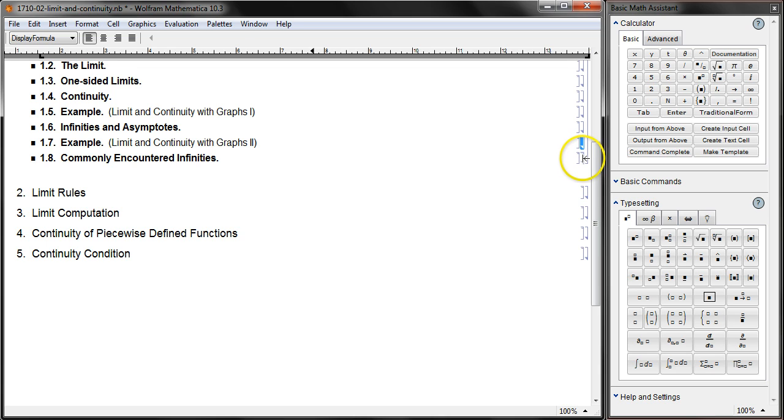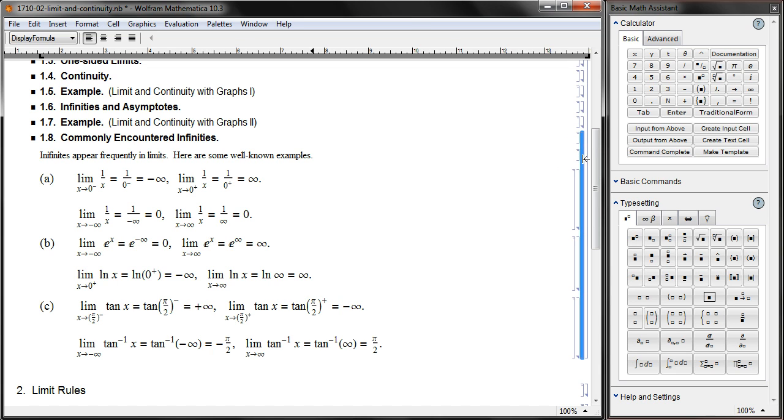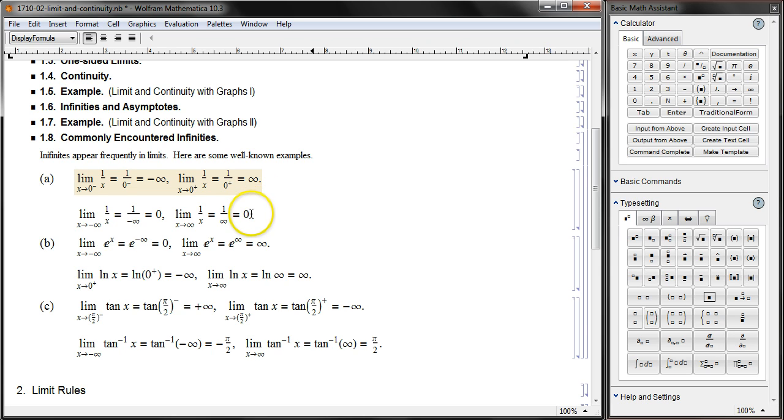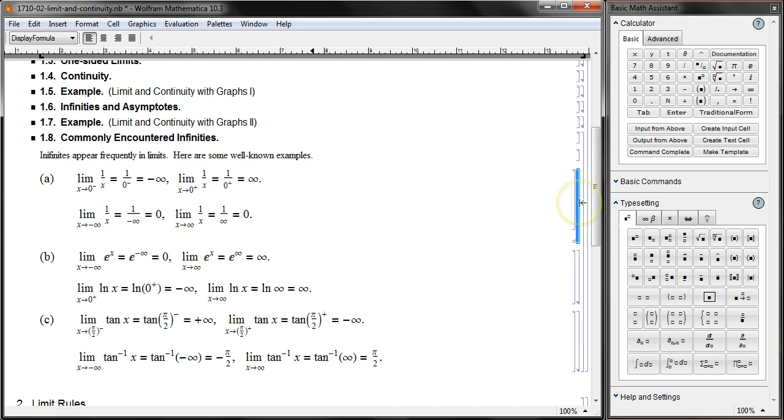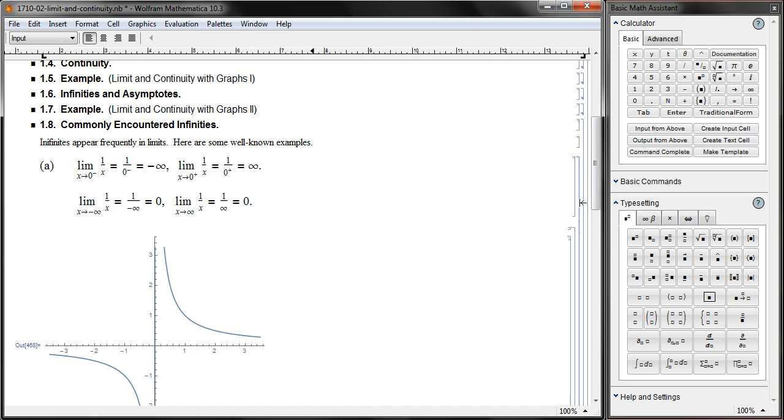We have some time, so let's discuss some commonly encountered infinities. How about this? 1 over x. In that case, we have either plus infinity or minus infinity, depending upon which direction I'm approaching. But horizontally, we go to 0 either way, and that's clearly visible from the picture.